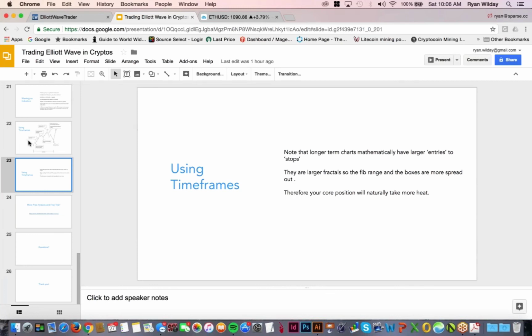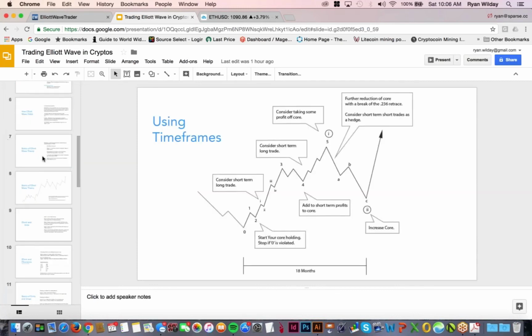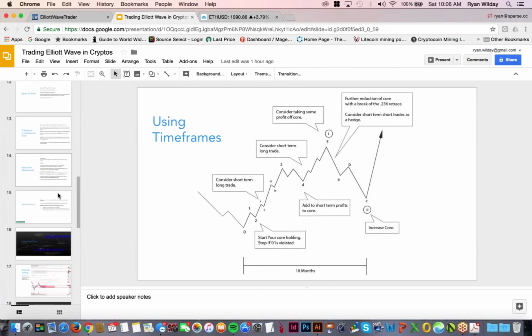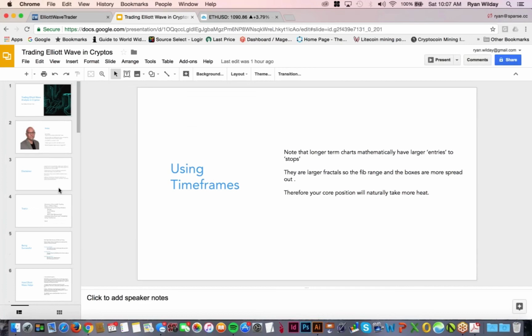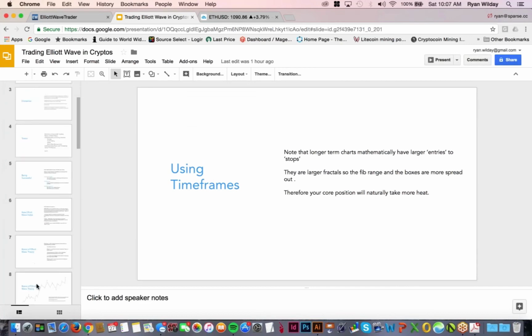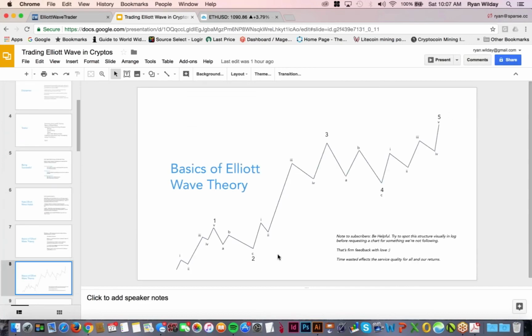So let's go back to my image. All right, so the main trend is going this way, and the numbers indicate that, or we call it impulsive or motive. And then the corrective waves are the ABC, so they're against the trend.